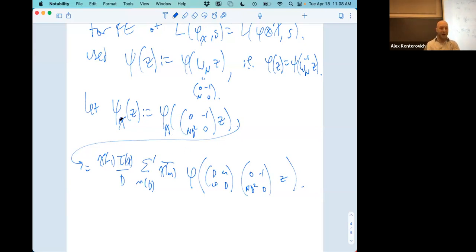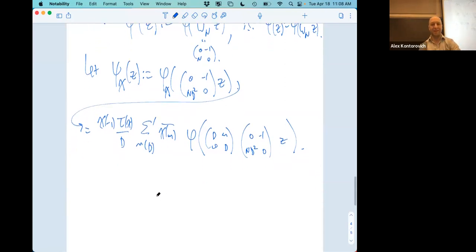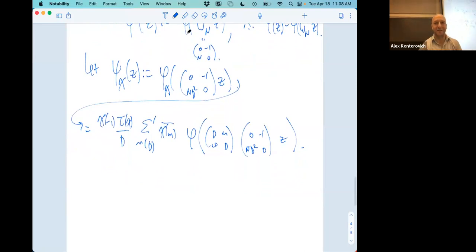Now I want to move from phi chi to psi chi. I have phi chi in terms of phis, but phi is psi of Wn inverse. So let me stick that in. Since there's very little that has to change, I'm going to use the magic of copy and paste.